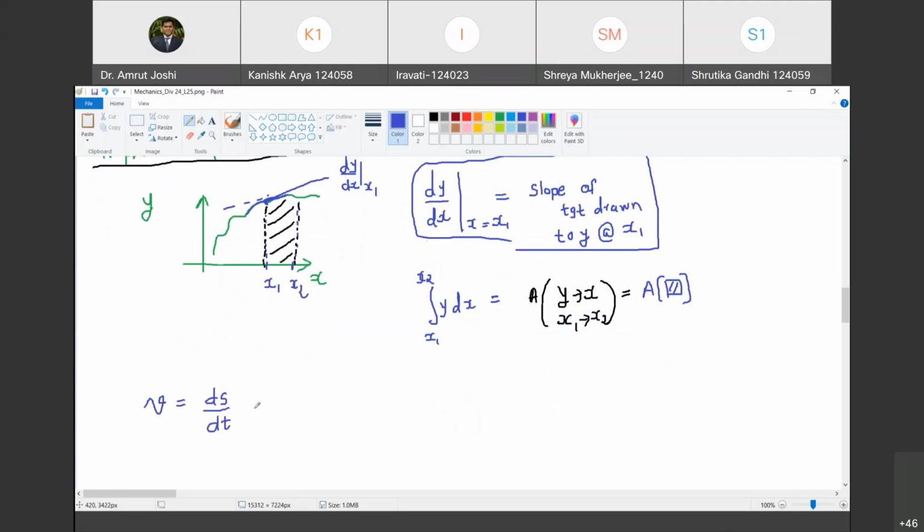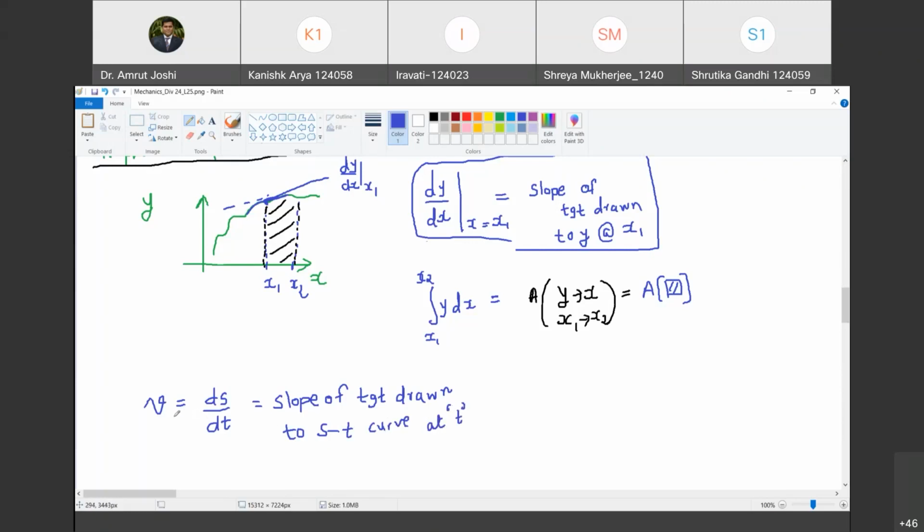Yes, sir. So what is ds by dt? It is nothing but the slope of the tangent drawn to the displacement or position versus time curve. Do you agree with me? Yes, sir. Here t can be anything.